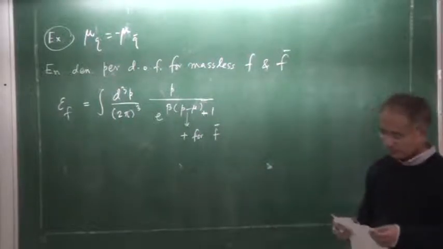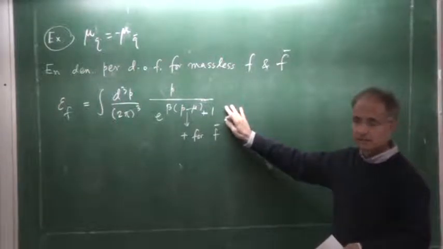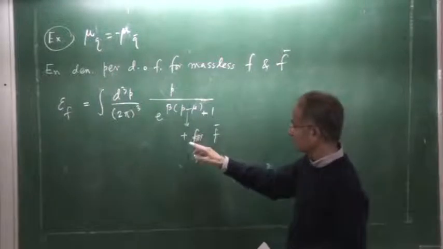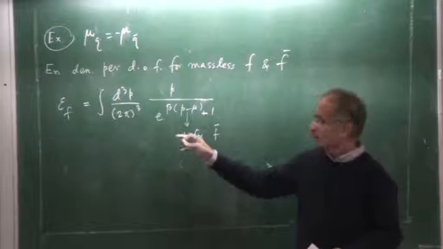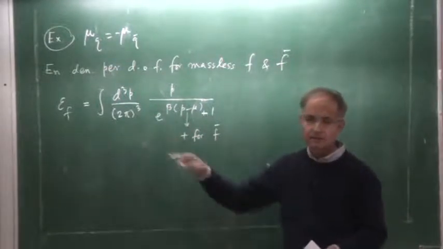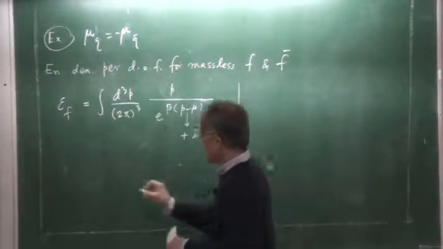Now this integral cannot be done analytically in either of the two. There are two integrals, one for epsilon F, other for epsilon F bar. They cannot be done analytically one by one, but the sum of the two can be done. And that is the tutorial problem.